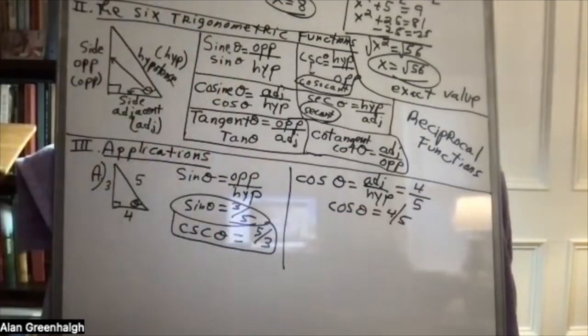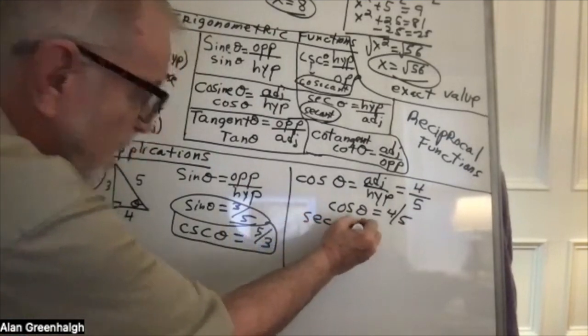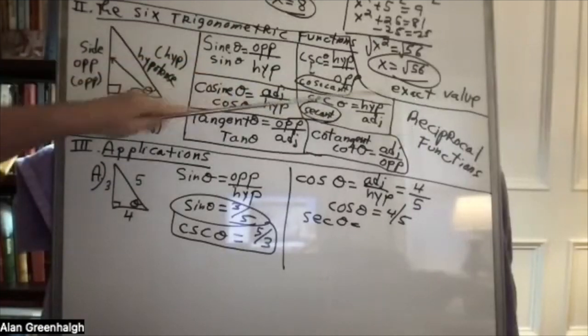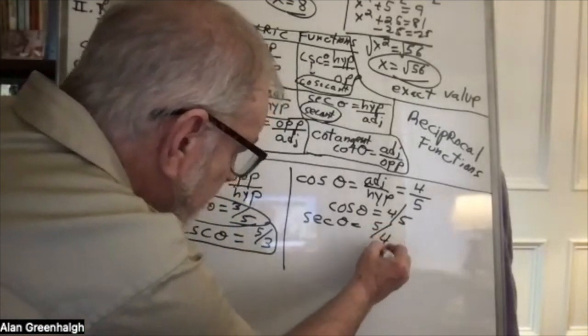If I then said, okay, what's the secant of theta? Well, the secant is again the reciprocal of cosine, and therefore 5/4.